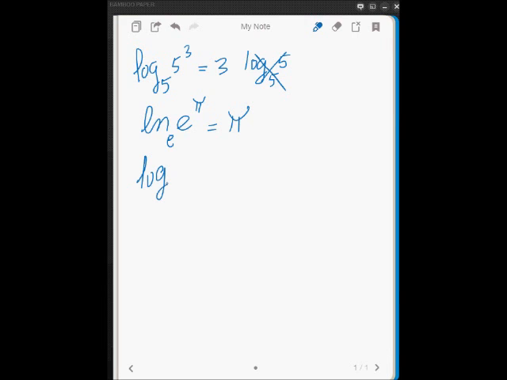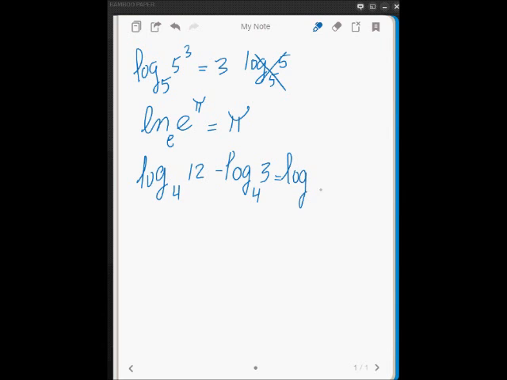What about this one? The log 4 of 12 minus the log 4 of 3. We should be able to solve this now. I'll show it step by step. Is that second log an exponent? No, it's just log base 4 of 3.